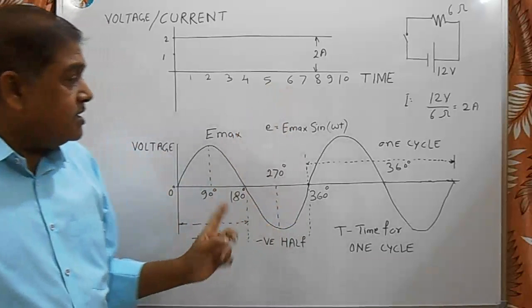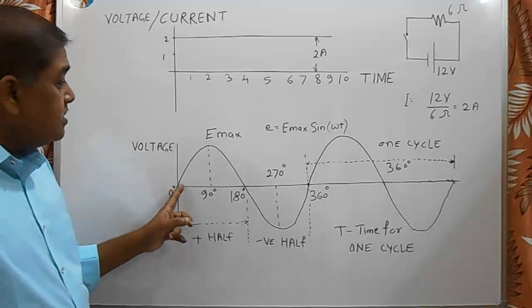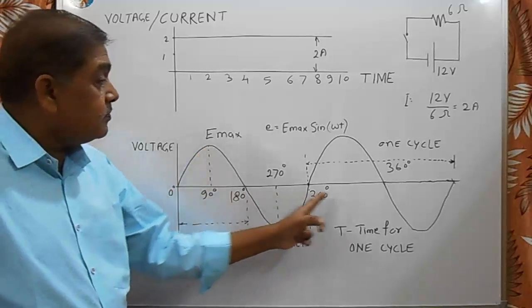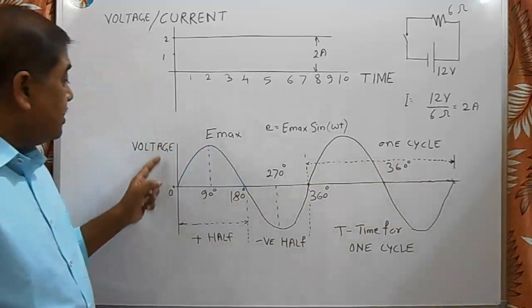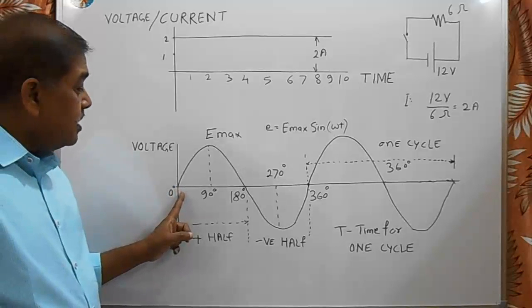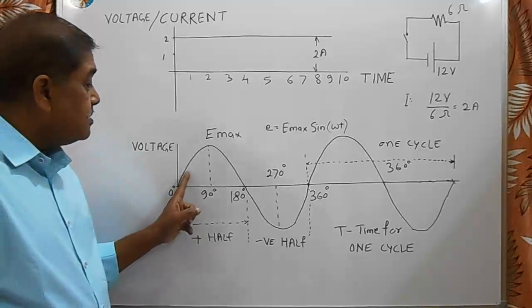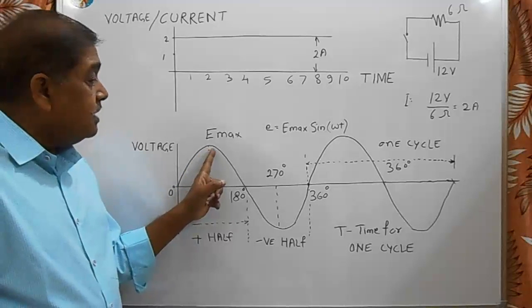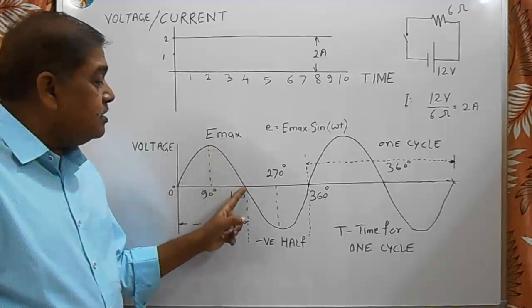But in case of AC, the value of voltage changes continuously with time. This is the time axis, this is the voltage axis. Here the value is 0. Gradually as time increases, the value increases and goes to the maximum value of Emax, then voltage decreases to 0.